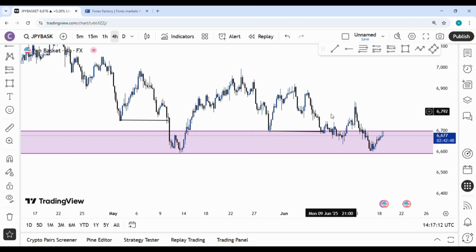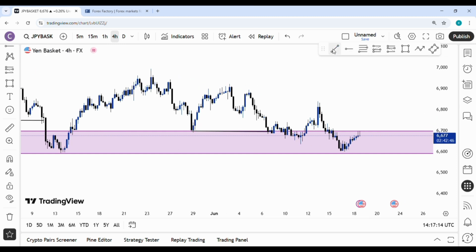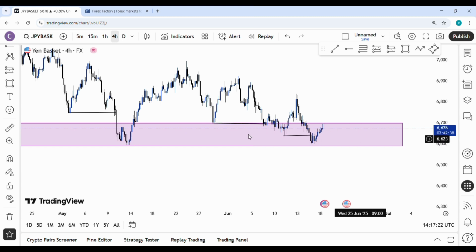Our weak structure, and this is our recent weak structure here. So as for now, we are not doing anything because price hasn't reacted off this. We are still at our origin, and this origin is being drafted out from our daily time frame.